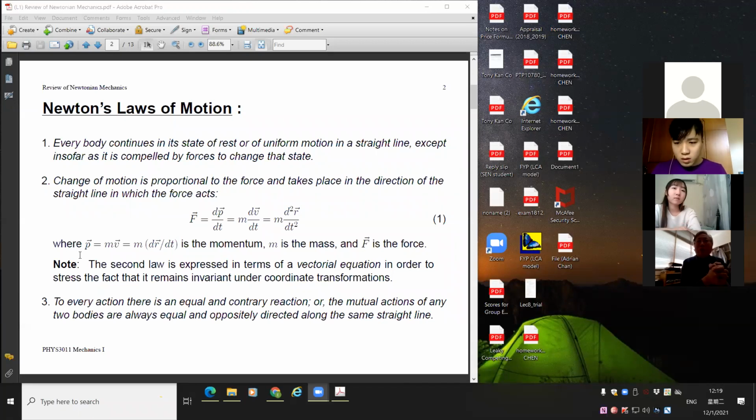Now here is a question for all of you. If I combine the action and reaction together, what will you get? In other words, we simply add these two quantities together algebraically. What will you get? Action plus reaction.